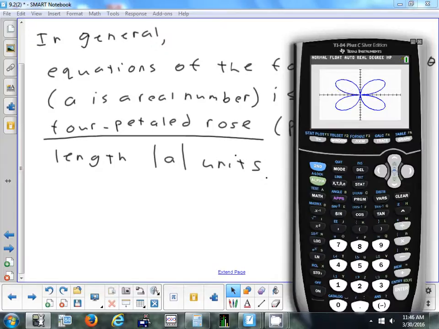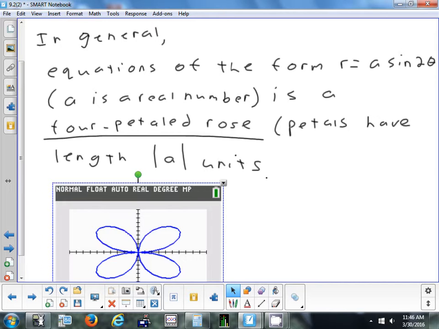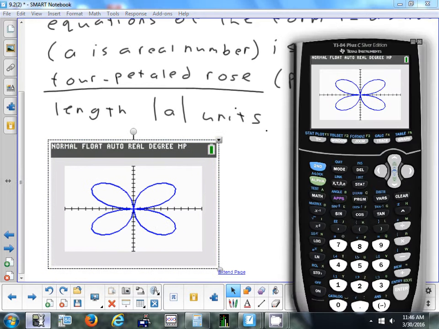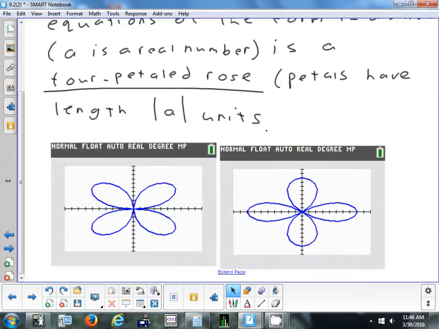Notice where they are. And let's try cosine. And now they're there. So it rotated it 45 degrees.